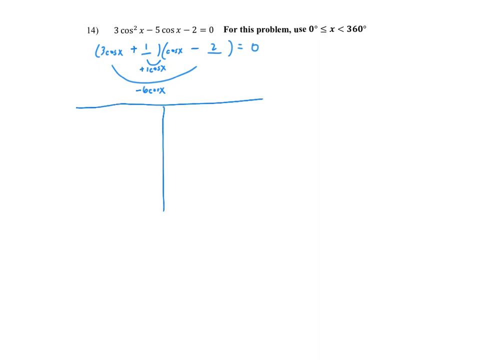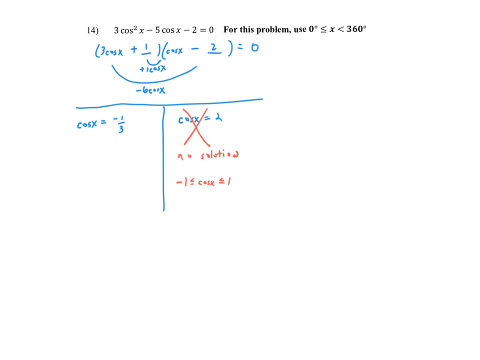Tea time! If you set your factors equal to 0, you will get cosine of x equals -1/3 and cosine of x equals 2. We know that there are no angles where the cosine value is 2, so we're going to reject that side. There's no solution on this side.